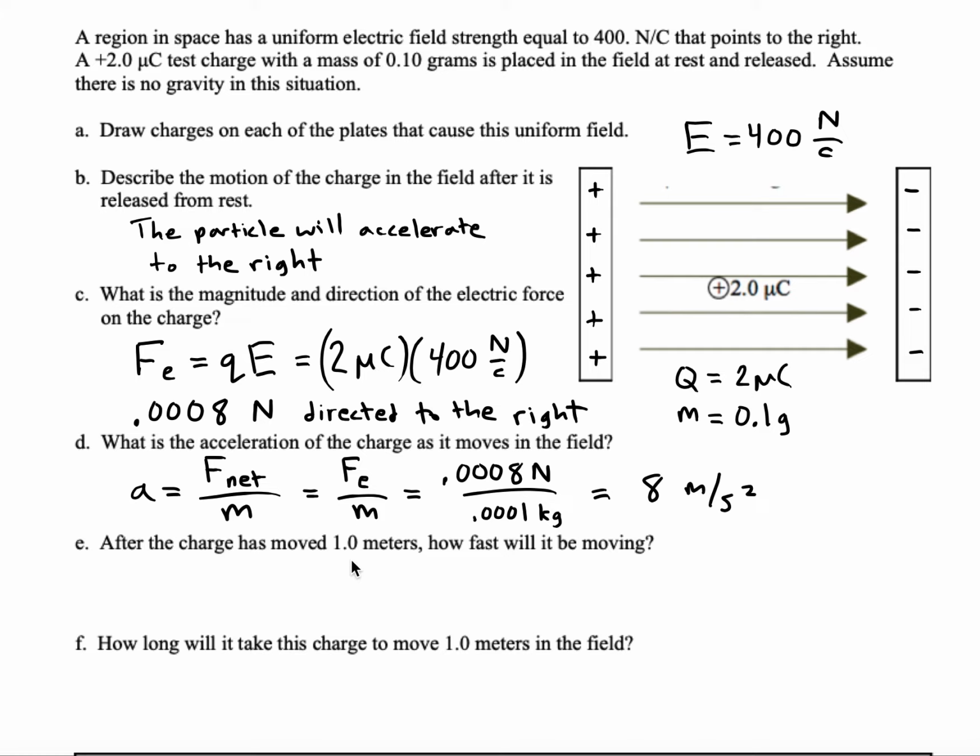After the charge has moved 1 meter, how fast will it be moving? Well, for this, we'd want to think about the different motion formulas that are available. This one would work very well.